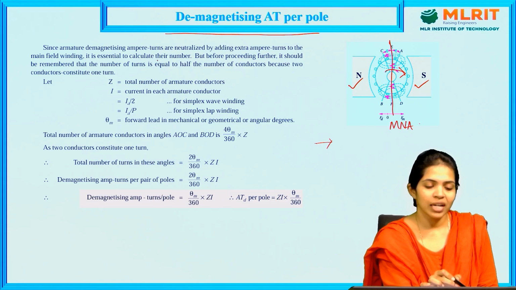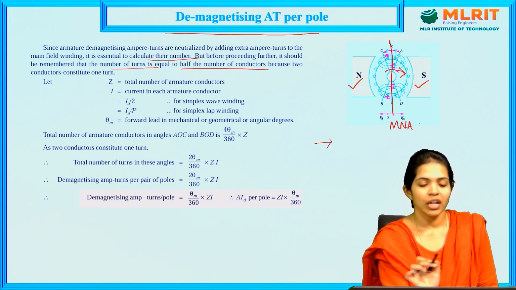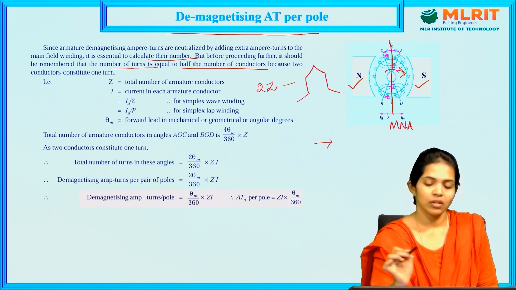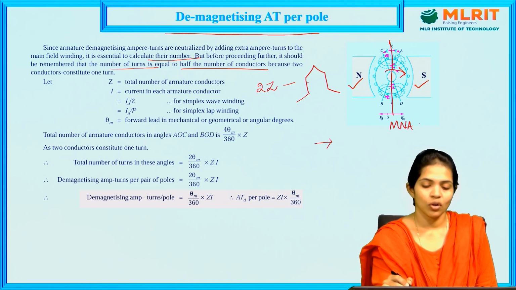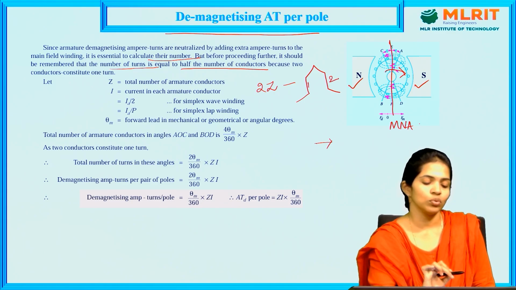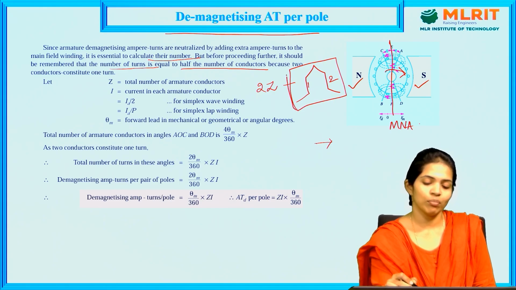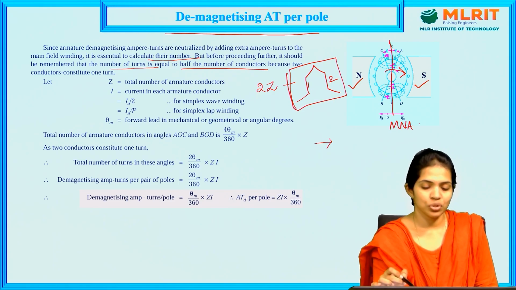To calculate that, we see that the number of turns equals half the number of conductors, because 2 conductors constitute 1 turn. Here we can see coil side 1 and coil side 2. They constitute 1 complete turn.